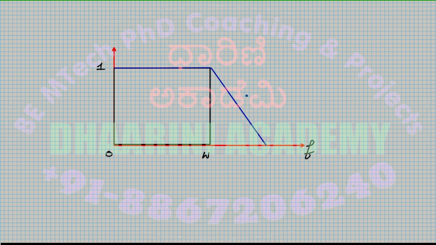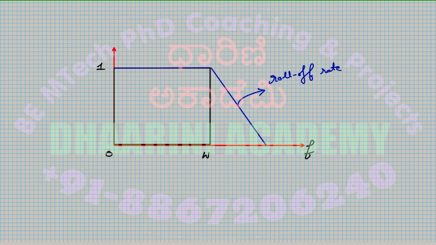And how quickly it comes to 0 is what is called the roll-off rate. How quickly. So now you see, if I want this to be very quick, it has to come down like this, correct?